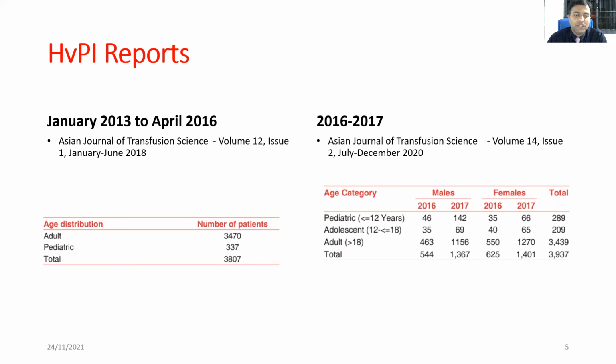There is no denominator here, so it is very difficult to tell the percentage or the rate, but we can grossly see that it is around 10% of the reactions reported in adults. In the same way, for 2016-17, even with a particular differentiation into less than 12 years and 12 to 18 years, we can notice that it is marginally increased, but almost 10% of the adults.